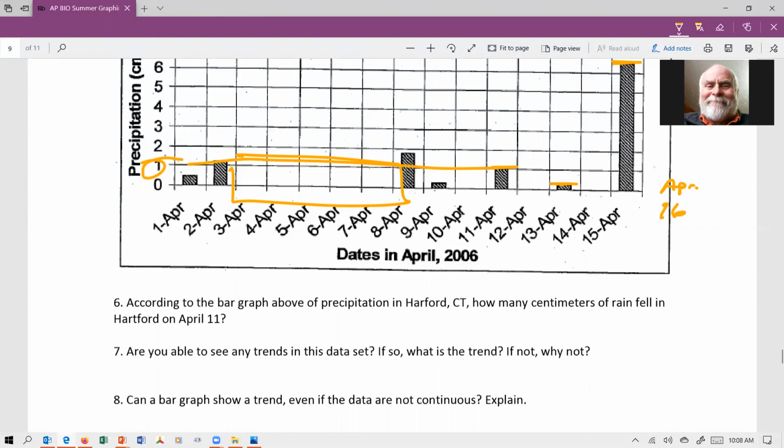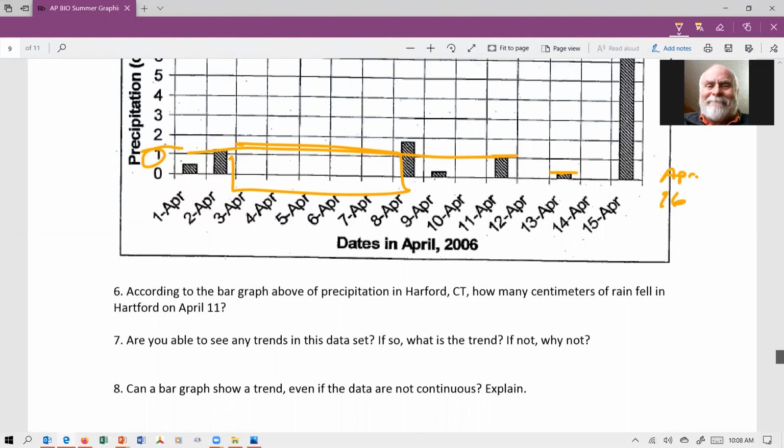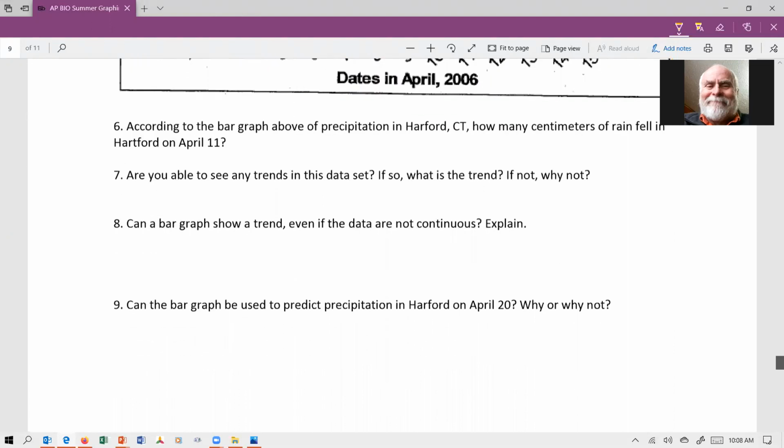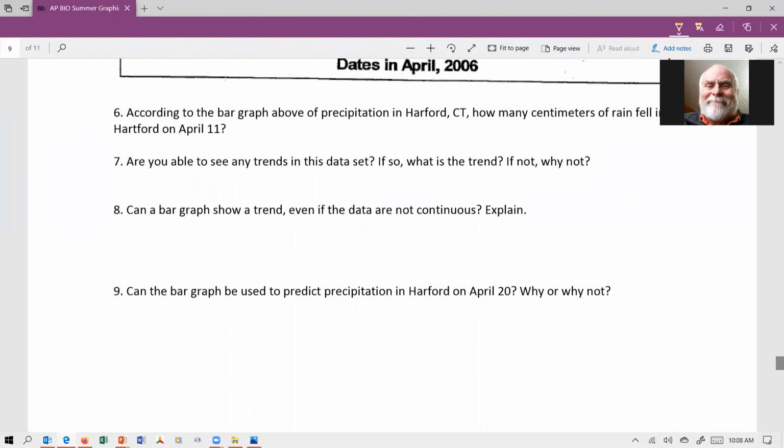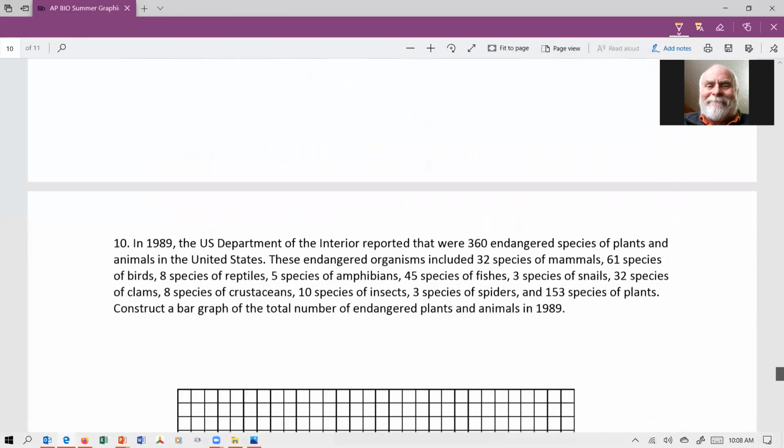If we did a bar graph, this would be terribly annoying. If we did a bar graph of the entire year, it might show us a trend, even though the data is not continuous. And we already talked about it can't be used to predict anything there.